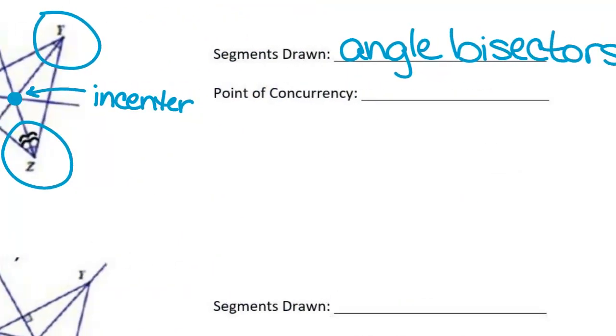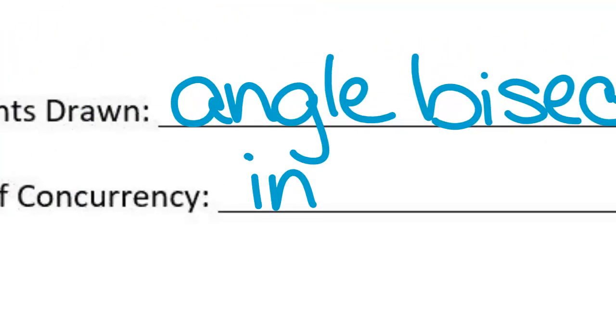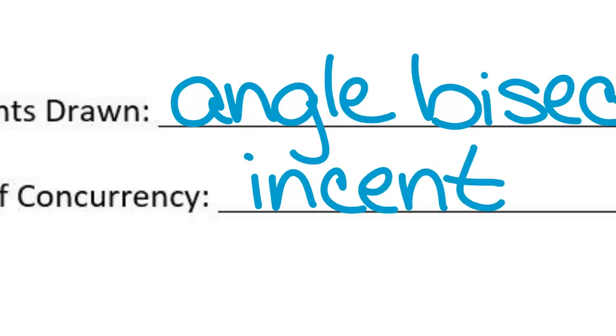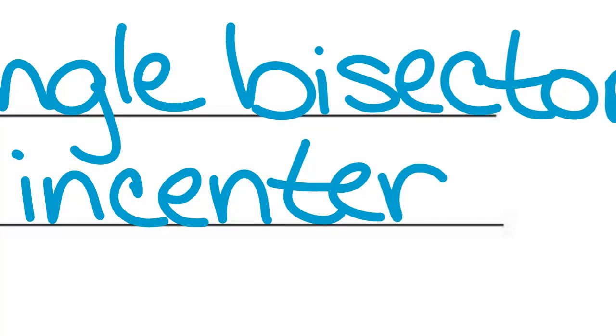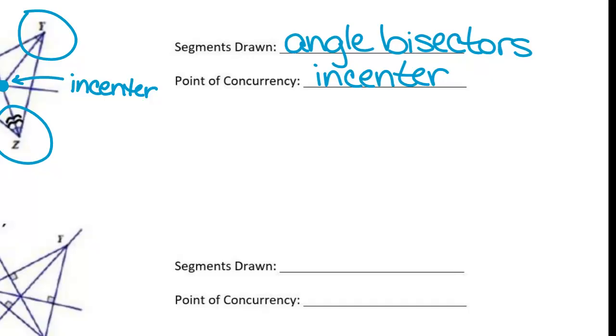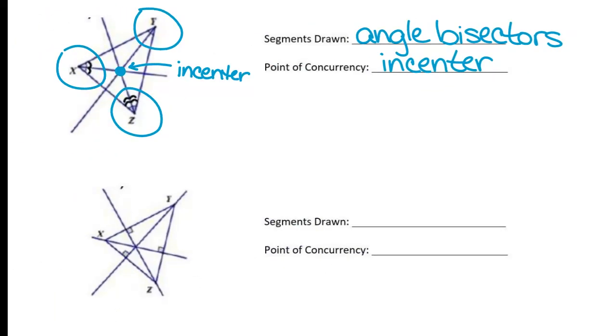And what do we call the point where the three angle bisectors touch each other? The incenter. Got one more.